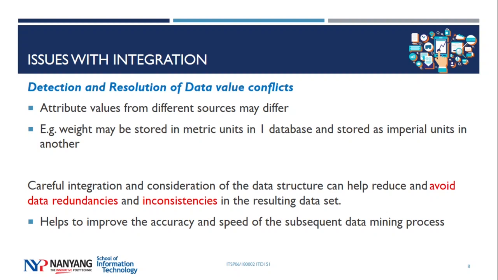So for example, for height in Singapore we use meters and centimeters, whereas in the US they might use feet. So when we integrate this data from two different sources, we need to make sure that the units of measurement are consistent. If not, we need to do the conversion before we start to analyze the data.